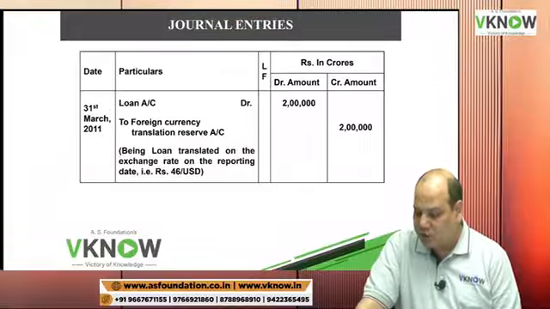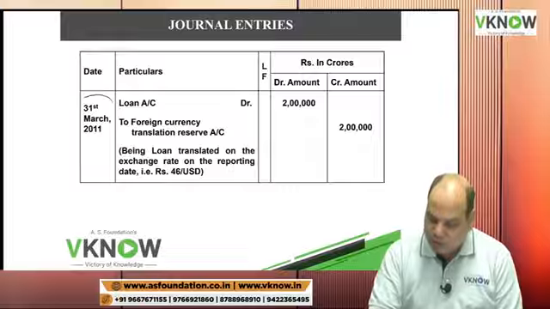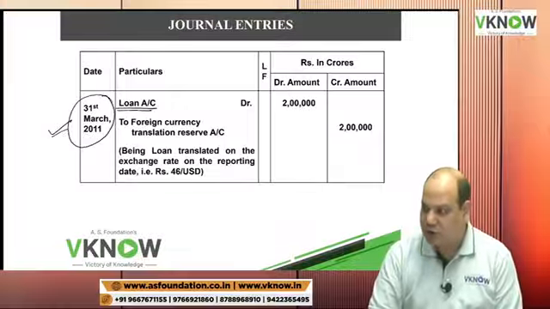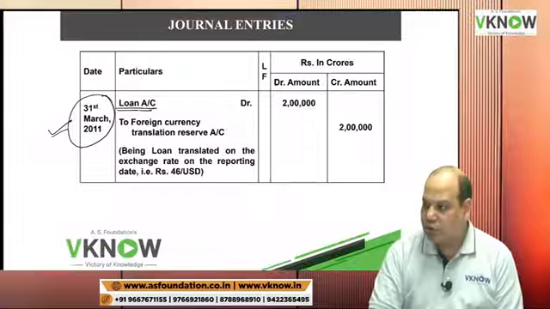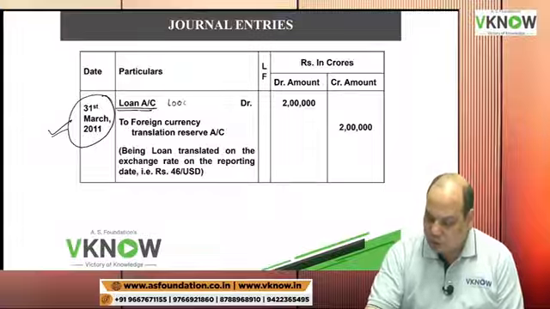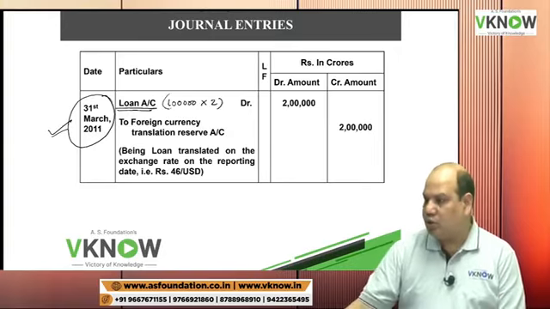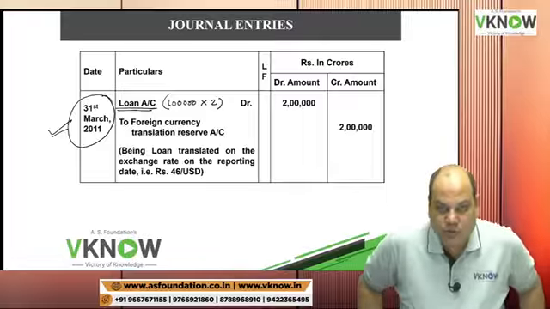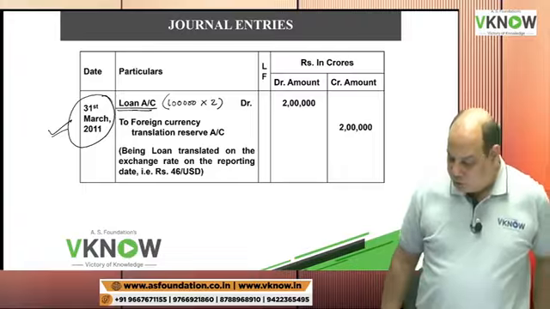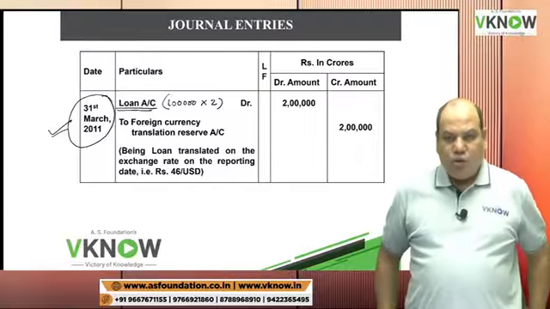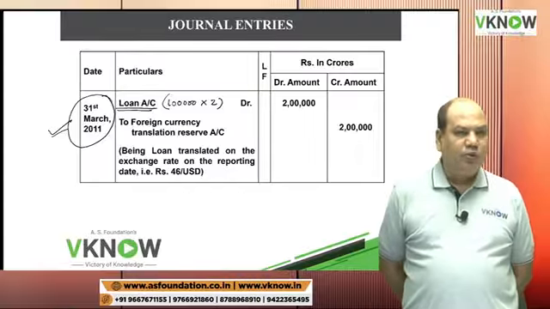And in the same way, third entry, same date, loan will be retranslated. Loan liability will also reduce by 2 rupees from 48.